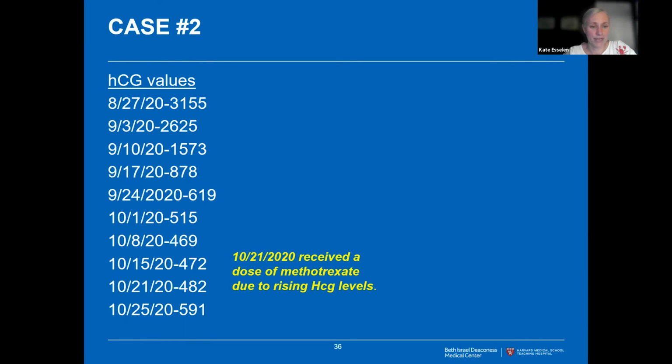And there, beginning in October, you can see the values are not really doubling, but they're plateauing. And so again, you need 4 distinct values 1 week apart in order to demonstrate presence of GTN. And so she met it only after her 4th HCG.